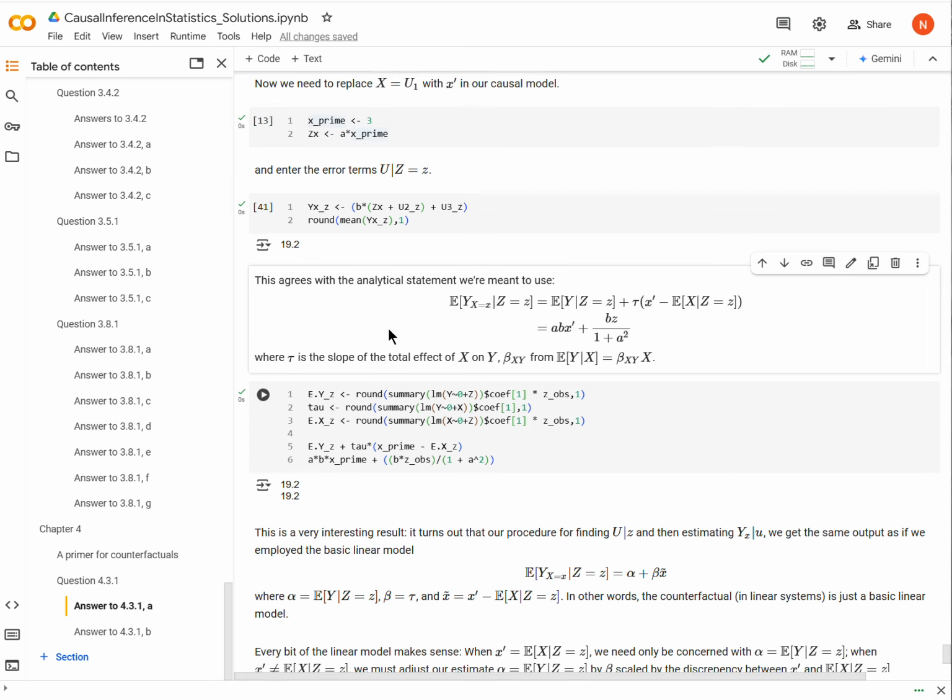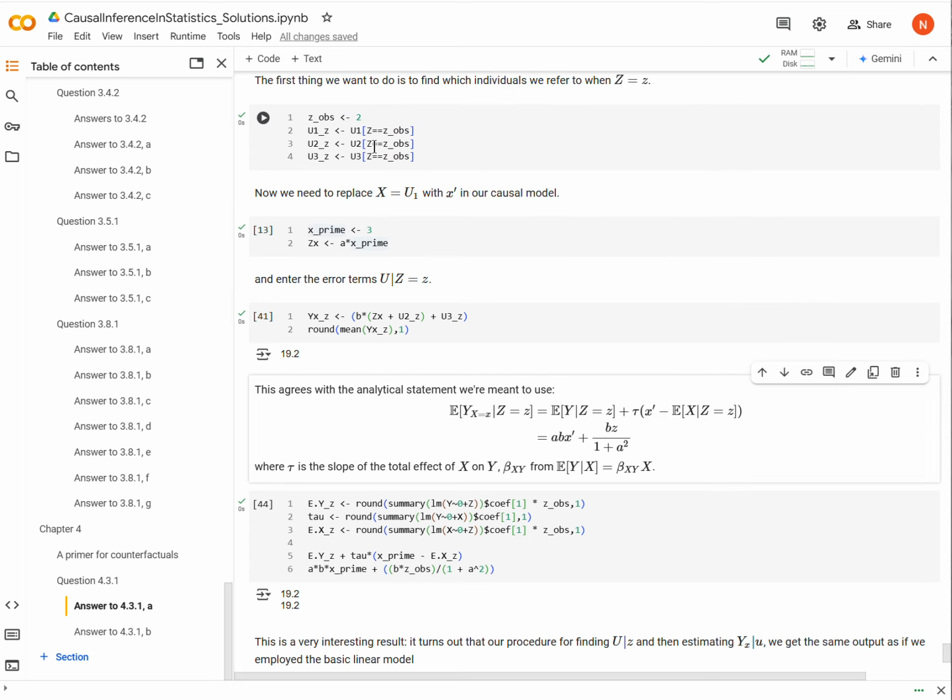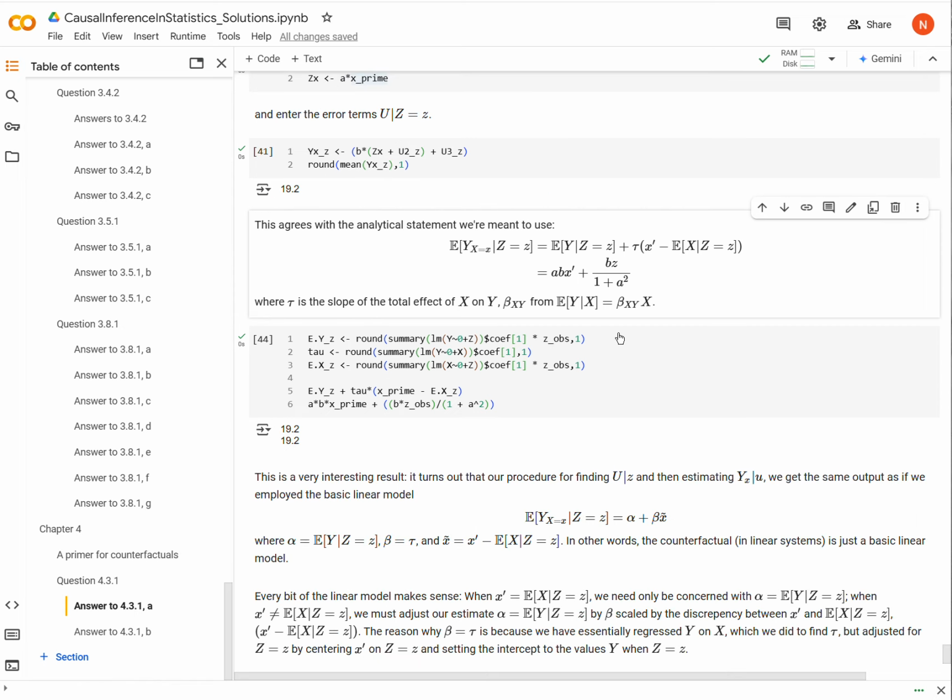Initially, we went through this process of filtering the data to just include particular individuals, and then regressing and then recreating what the outcome would be in those individuals for a particular x value.